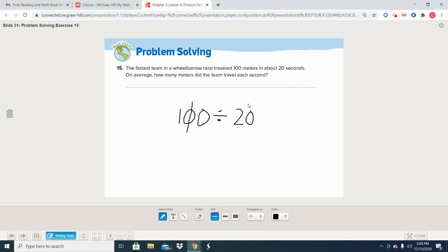So you do the same here, but you have a 0 left over. So you have a 1 and a 0, so that makes 10. 10 divided by 2 is 5. How many meters? It would be 5 meters.